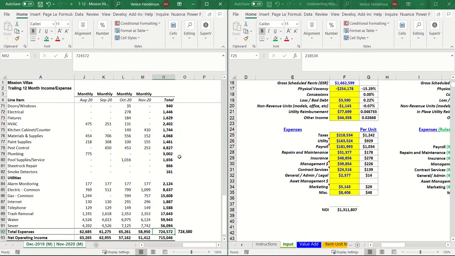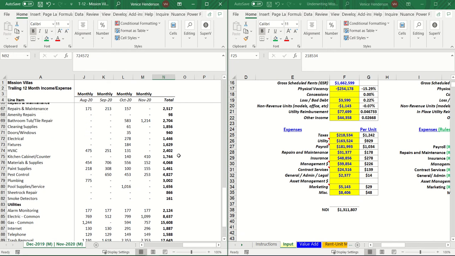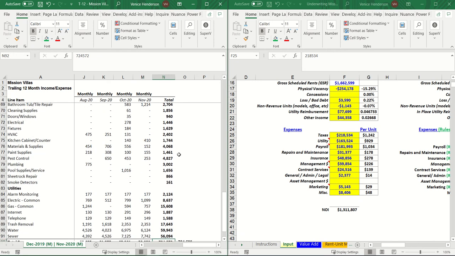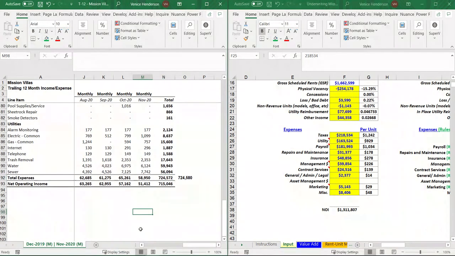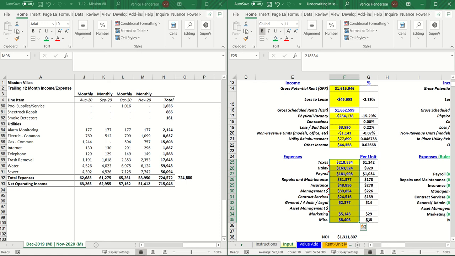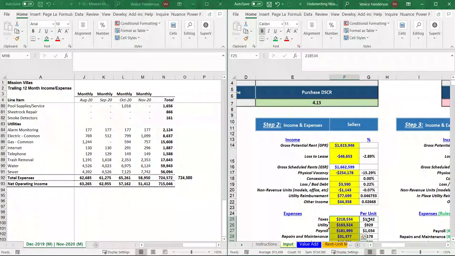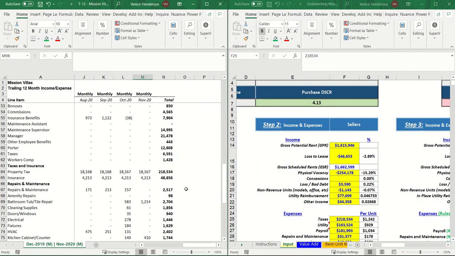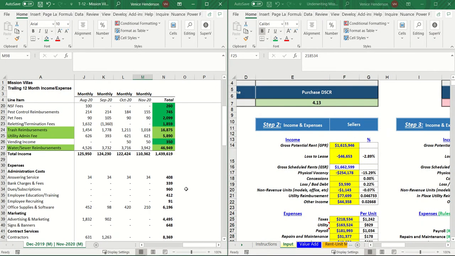Again, these are things you want to just be mindful of as you are utilizing other people's numbers. So they had a net operating income of $715. This one is saying 1.3. So let me come on back up here and see what I am missing.